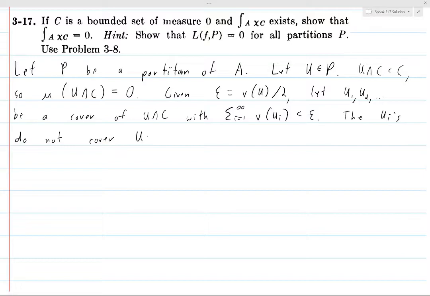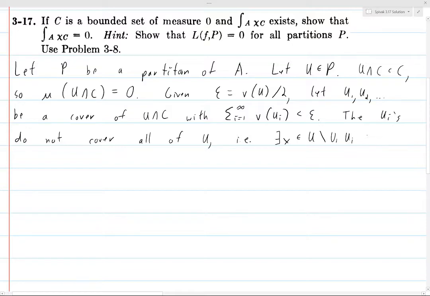So you're only covering at most half of the points in U, and at least half of the points are not covered. So the Ui's do not cover all of U because there's not enough volume, i.e. there exists some element x which is in U and not in the union from i equals 1 to infinity of the Ui's.